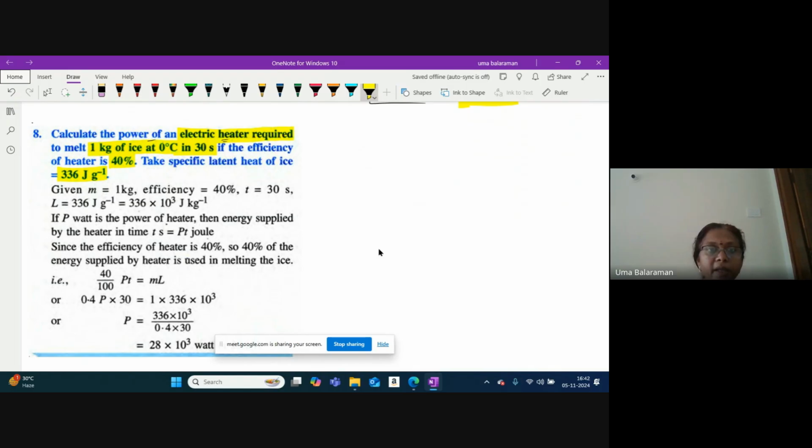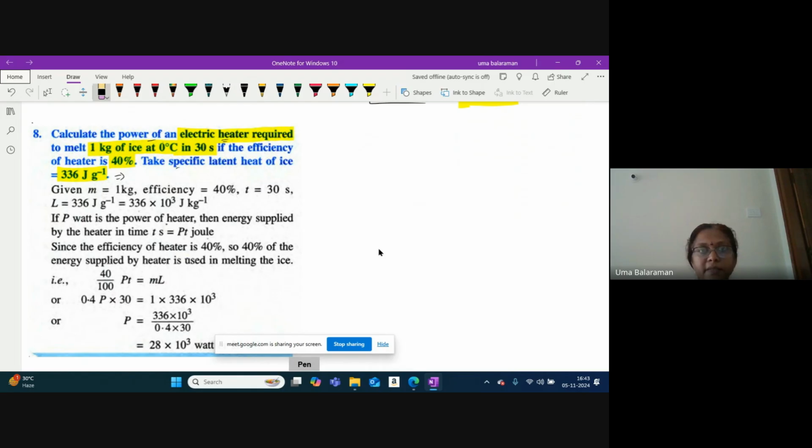They're converting latent heat to 336 into 10 power 3 joules per kilogram. Now we can just convert the ice from kg into grams. They've given it in grams, so we'll convert it in grams.